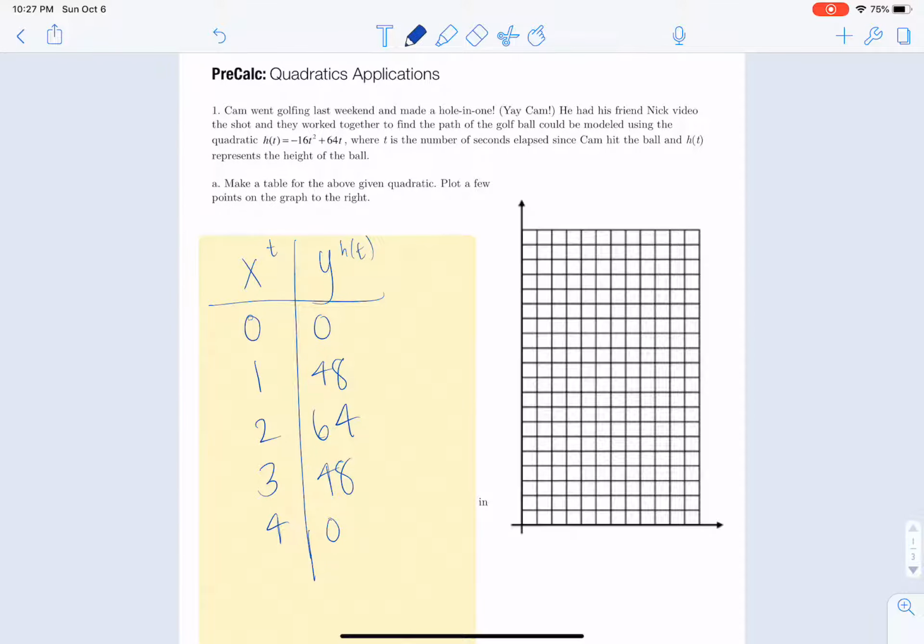I'm going up to 5. So let's say I have 1, 2, 3, 4, and 5. And it looks like I need to go up to 64.